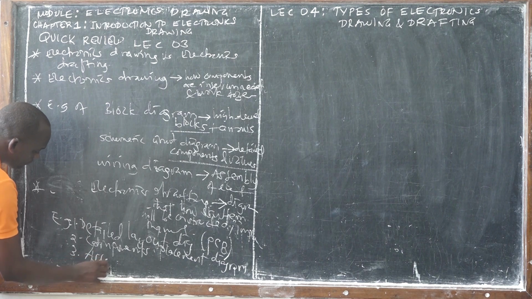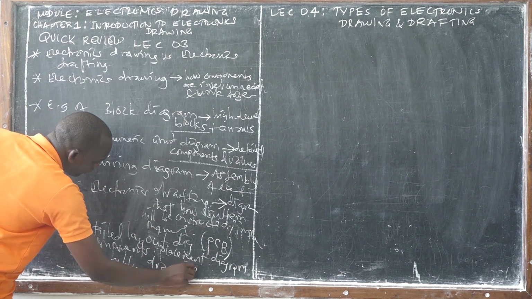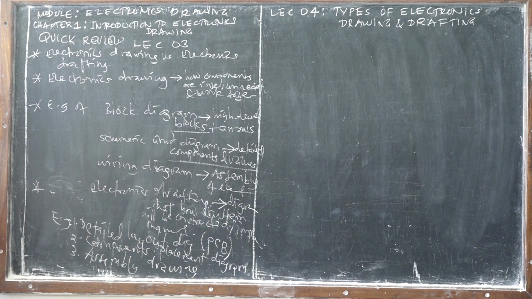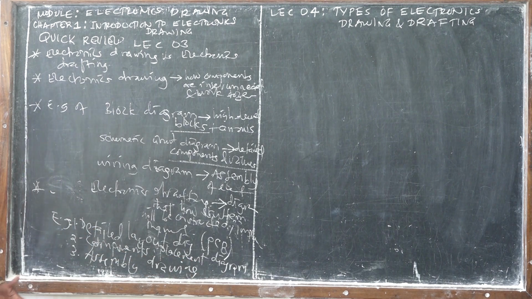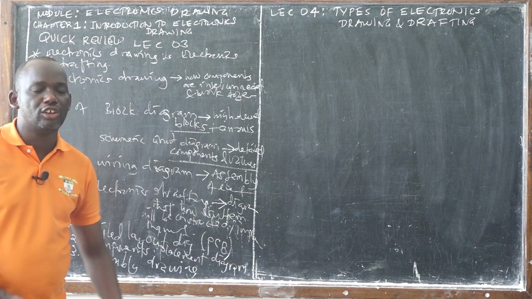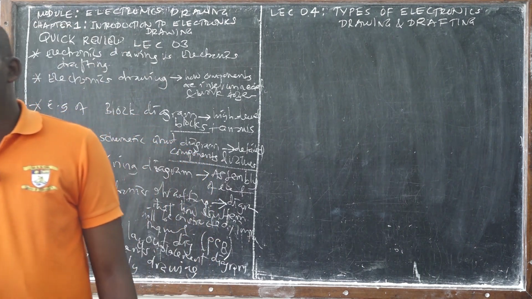Assembly drawing. Assembly drawings will always be the last drawings in designing a particular electronics or telecommunication system, because this one is actual. You are going to connect the components with wires that will be transferring signal from one point to another point. Are we together?